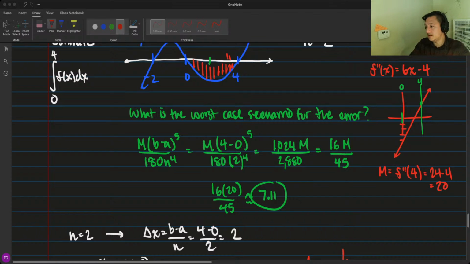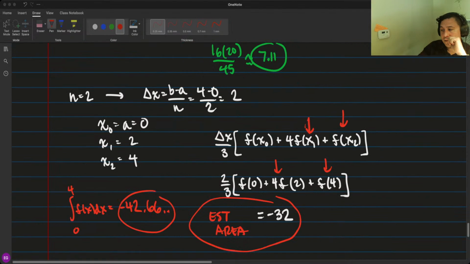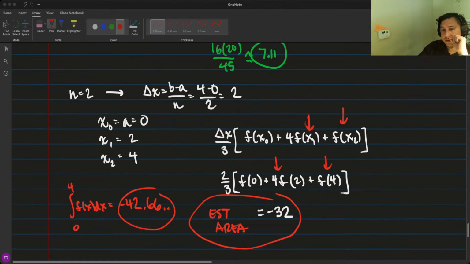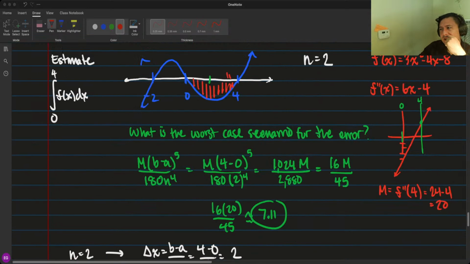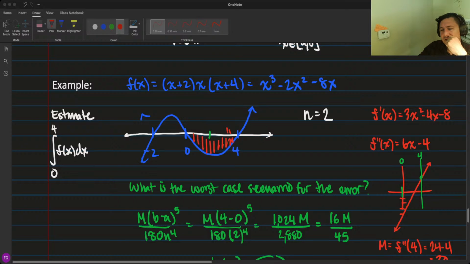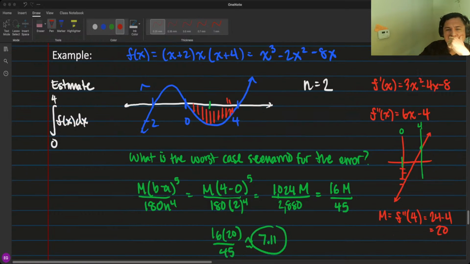Oh, no, 7.11. The worst case scenario for the error is supposedly 7.11. But we're getting an error of about 10 and 2/3. That is really weird. Yeah, maybe I did plug it in wrong.